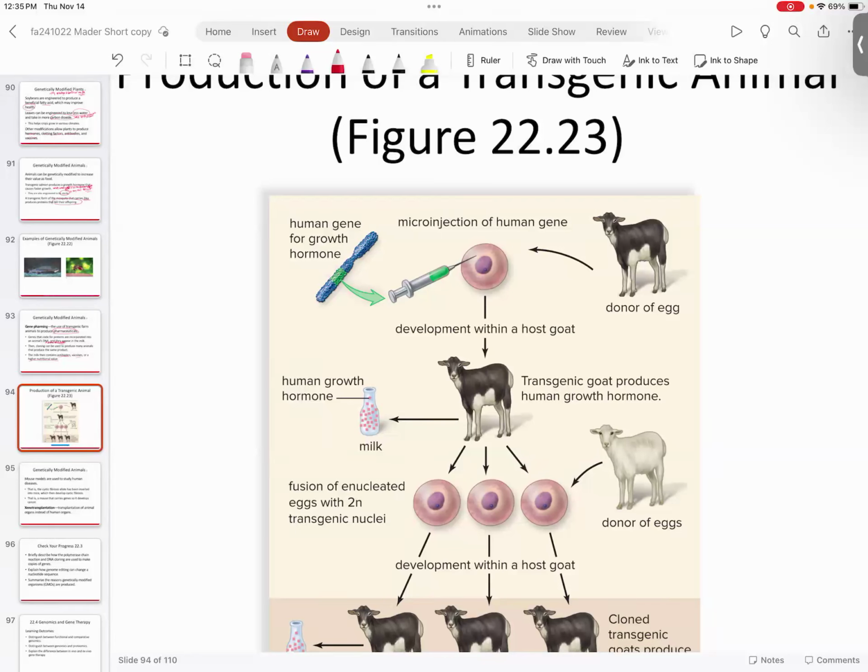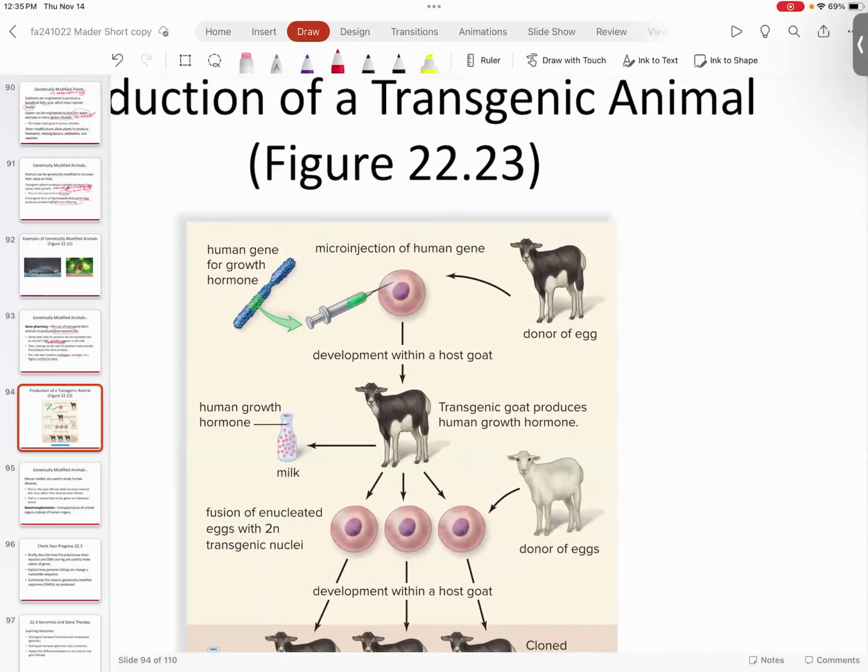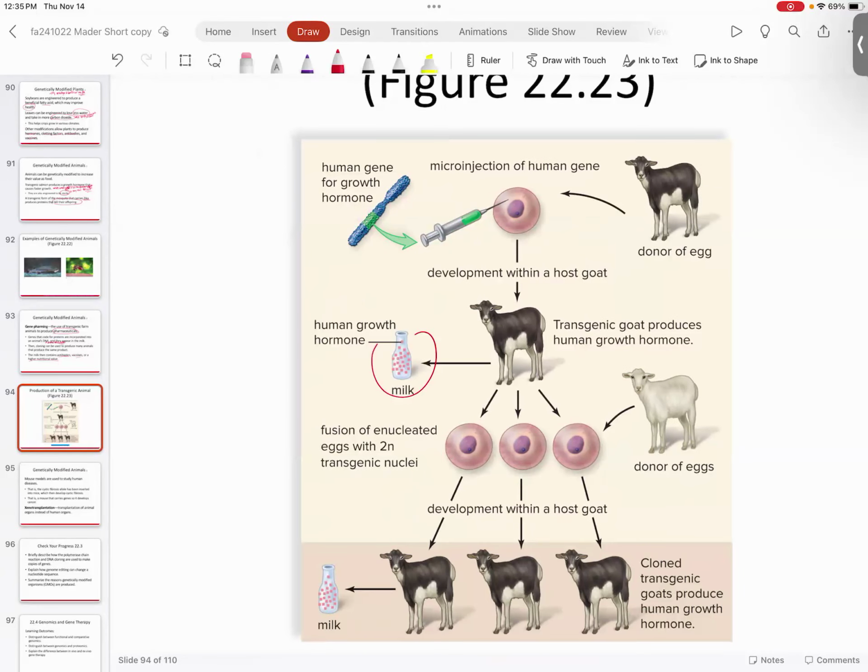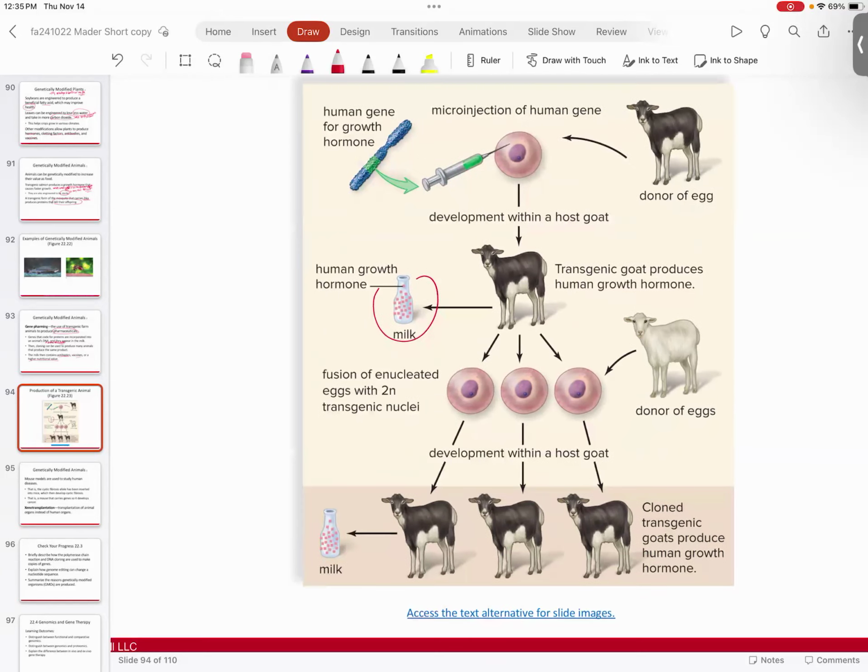And then the transgenic goat would make the human growth hormone, and you'd have your milk with growth hormone in it. And then you can develop the host goat to create multiple goats with this transgenic capacity.